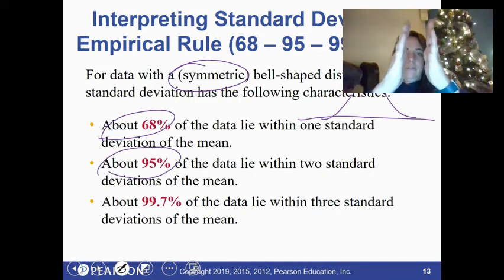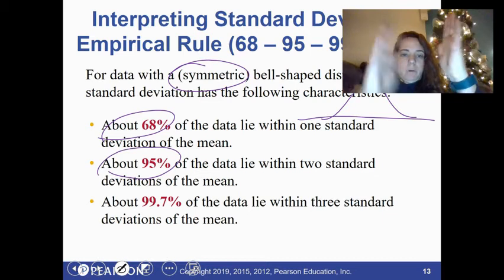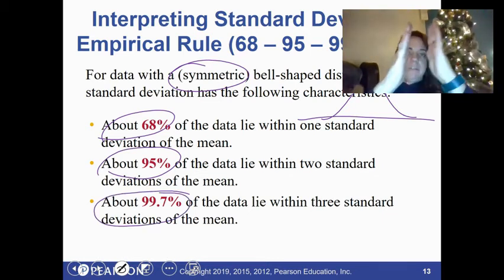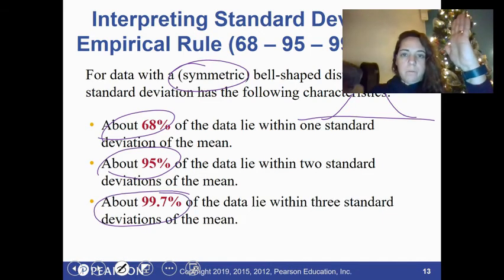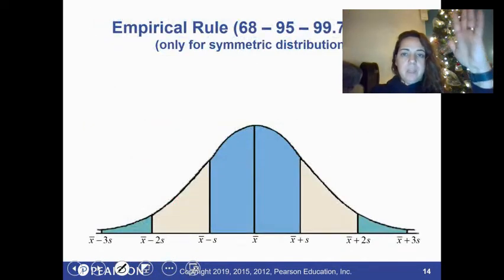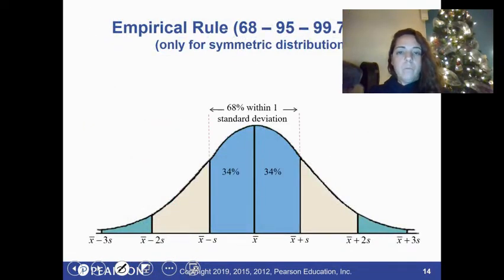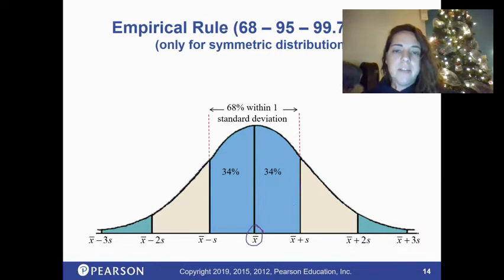About 95% goes out a little bit more. And then about 99.7% covers almost the whole thing. And here's what I mean by that. When we go out 1 standard deviation, if you either add 1 or subtract 1 from the mean, here's our average, if we go up a standard deviation or down, we're going to cover about 68% of our data.